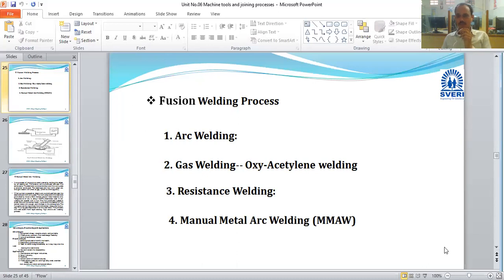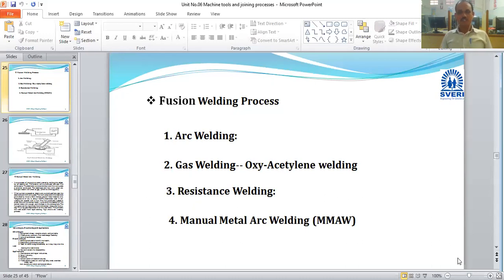So in the previous lecture we have drawn two diagrams. The first one is for the lathe machine and the second one is for the drilling machine. These are very important machineries which are used in workshops. Many operations can be performed on the lathe machine.